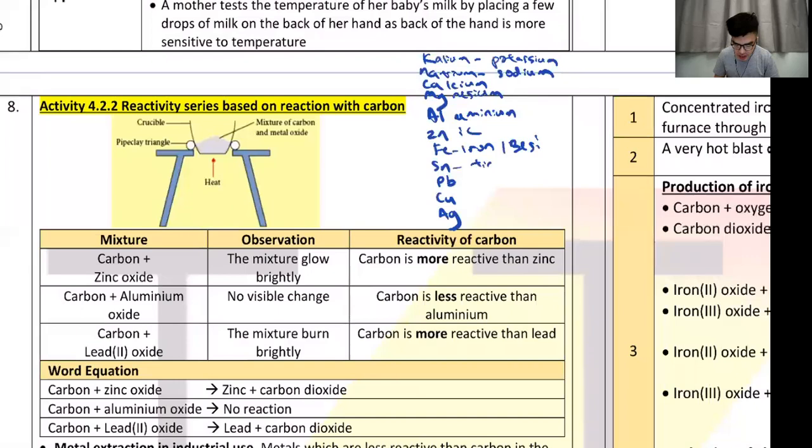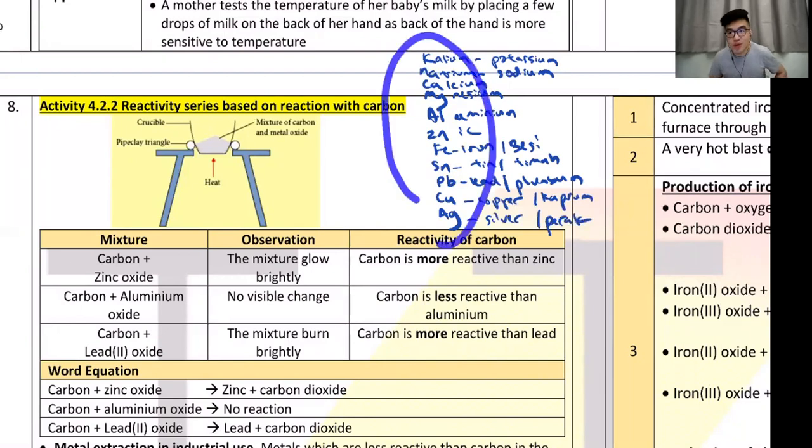Sn is tin or timah. You know biji timah, right? That's the thing. Pb is lead or plumbum. Cu is copper or cuprum. Ag is silver, perak. So this list you need to memorize.